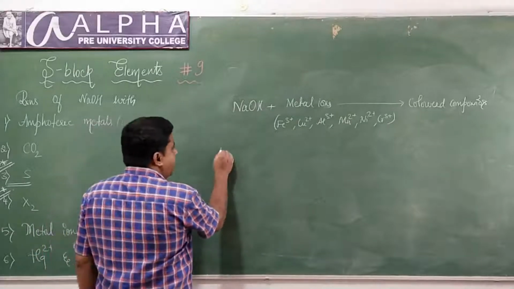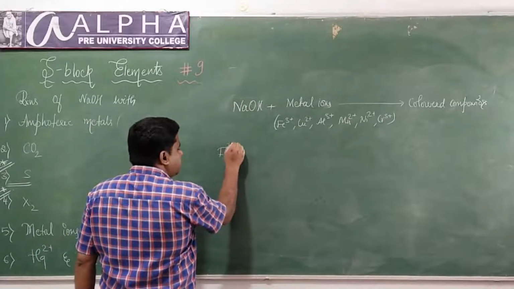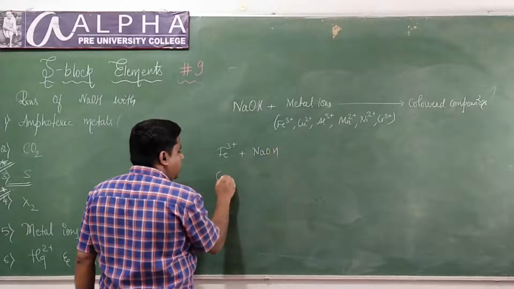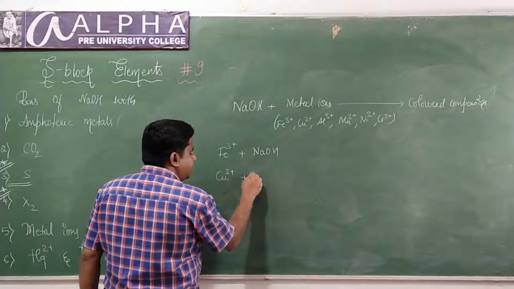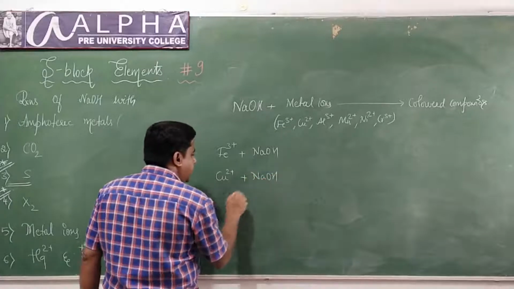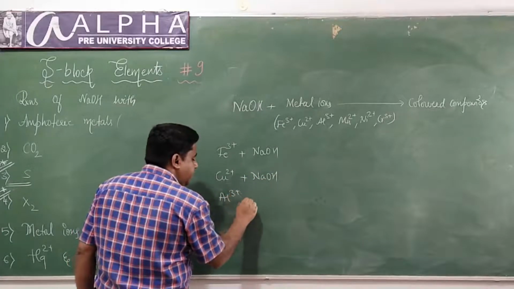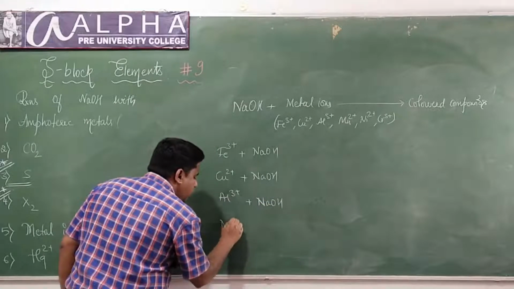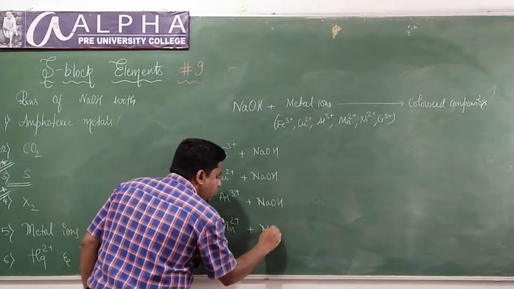So we have ferric ions reacting with sodium hydroxide, copper ion reacting with sodium hydroxide, aluminium ion, manganese ion, nickel ion, and lastly chromium ion, Cr3+, reacting with sodium hydroxide.